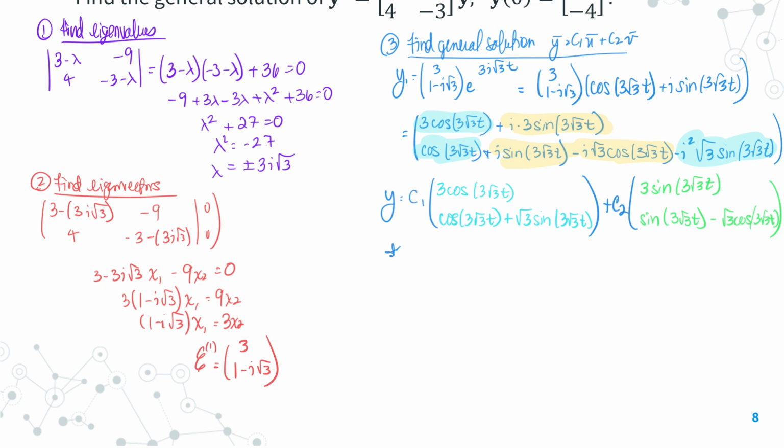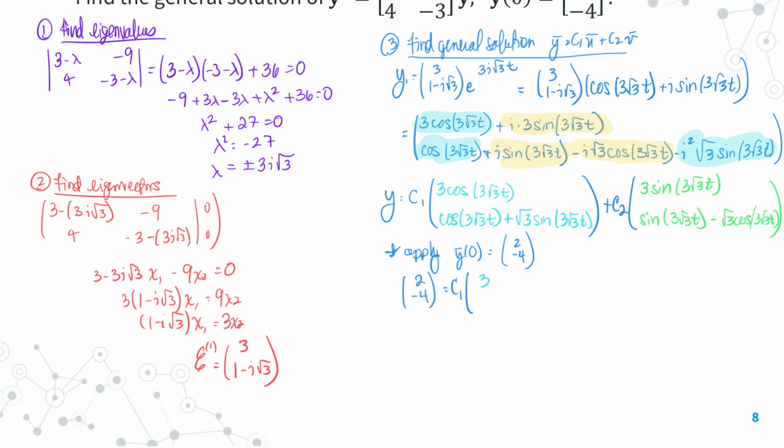So we have to apply that y of 0 is the vector 2, negative 4. So if that's the case here, then we get 2, negative 4 is equal to c1 cosine of 0, right? So it's equal to c1, and now this is going to be 3 times the cosine of 0, which is just 3.